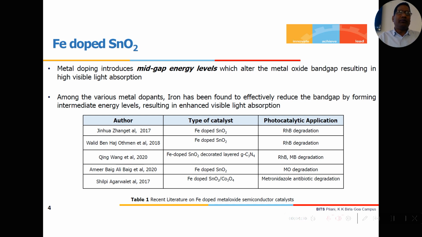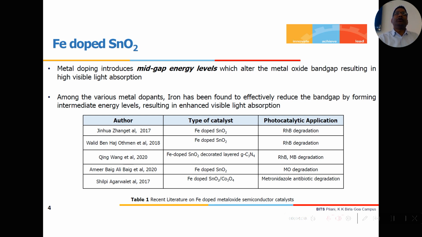Why? Because this is well reported before. Fe-doped SnO2 is a well-known catalyst used by many researchers for the degradation of dye. Metal doping, introducing a metal, which is Fe here, a well-known dopant, will create a mid-gap energy level which alters the metal oxide band gap, resulting in high visible light absorption.